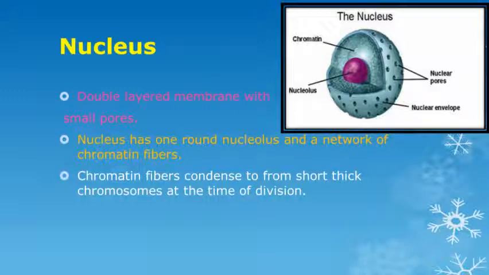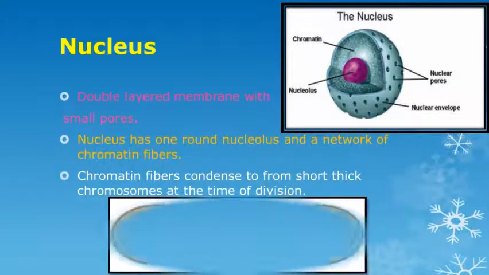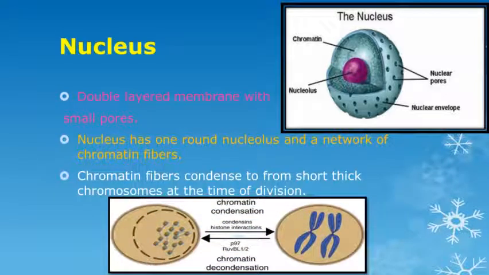The nucleolus is composed of RNA, and these chromatin fibers are composed of DNA and protein, that means deoxyribonucleic acid, and these are condensed to form what? Chromosomes. Here you can see a picture in which the chromatin fibers are condensed to form a chromosome. You can see the structure of a chromosome inside the cell, the blue colored one. So these are the chromosomes.